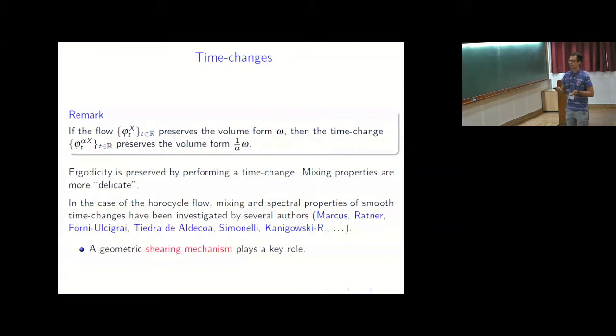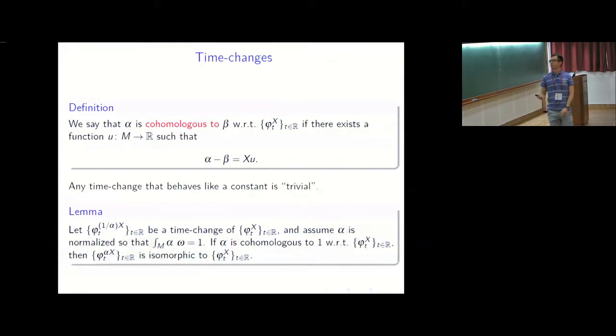This shearing mechanism is a geometric, in some sense robust, mechanism that we will exploit also in our setting. One more definition: some time changes behave like a constant time change, so in some sense are trivial, and these are given by homologous time changes.